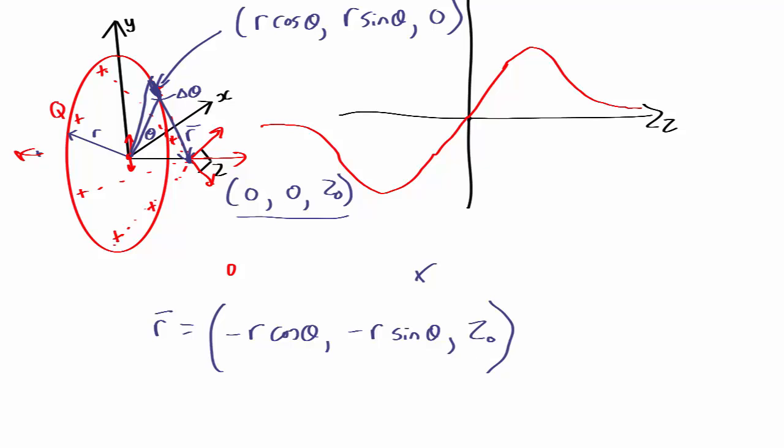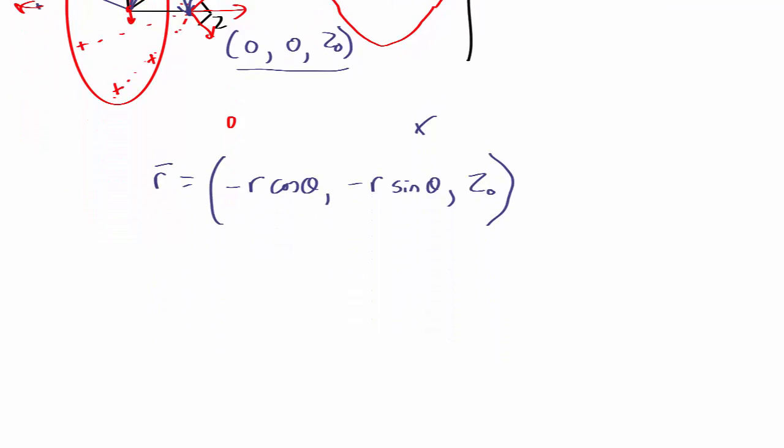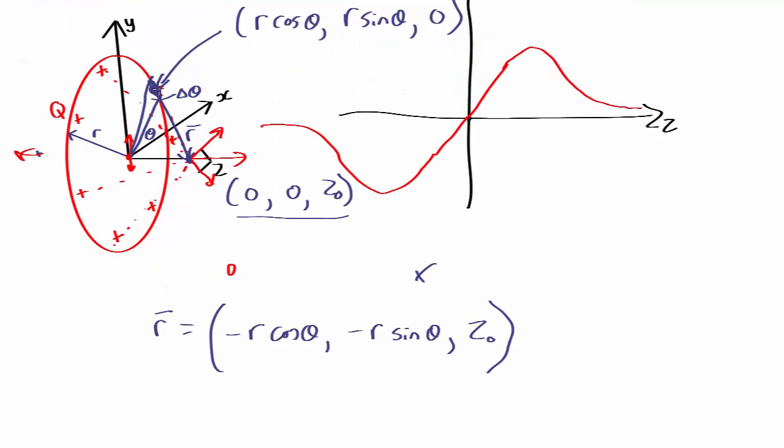Now what's the electric field? Well, we're going to treat this little bit as a point charge. What's the charge of that little point charge here? We can call it delta Q. Now delta Q is going to be a small fraction of the total charge, and we can work out what that fraction is by taking the ratio of lengths.